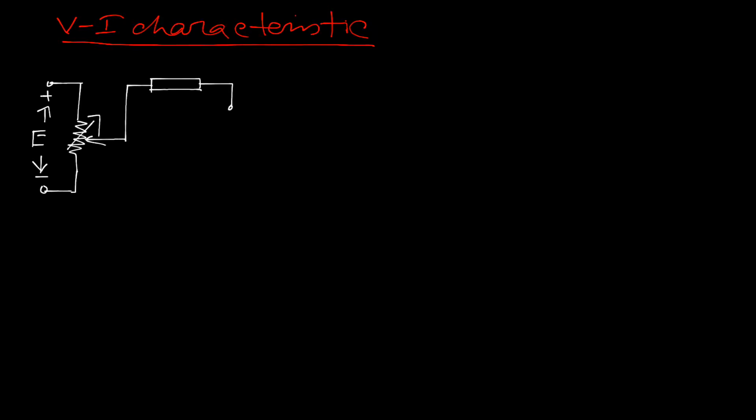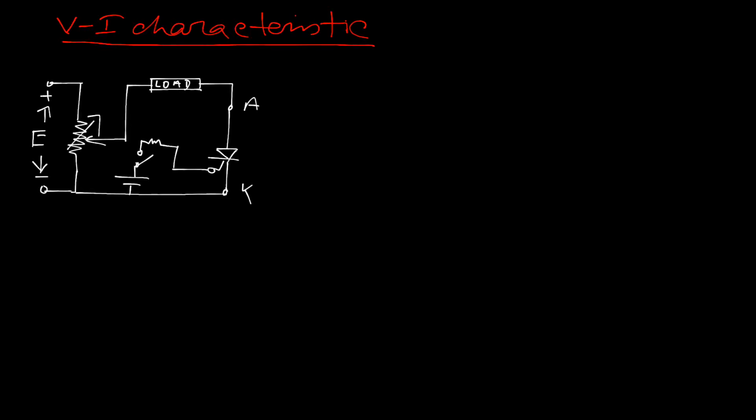The load is connected to the anode of the device, as we know the symbol of the Thyristor, and the cathode is connected back to the supply, and the gate is connected through another variable resistance to a different supply voltage.